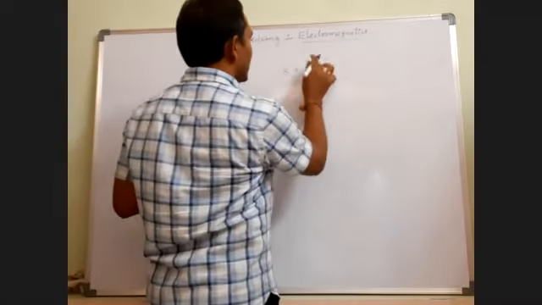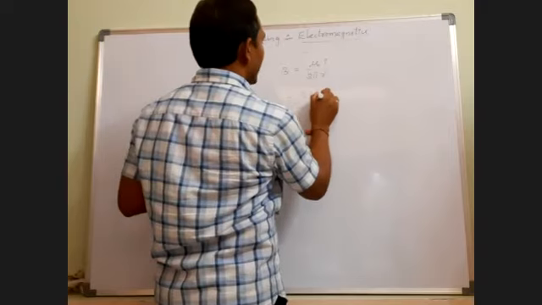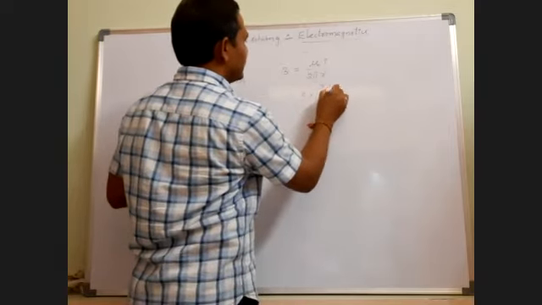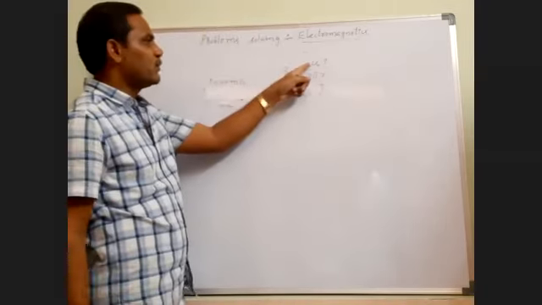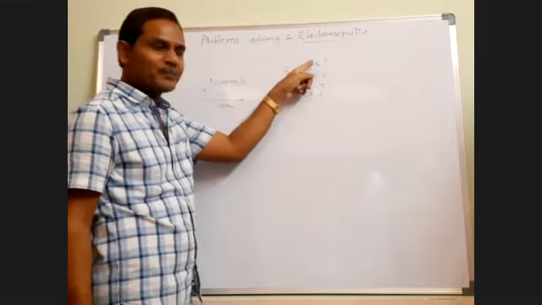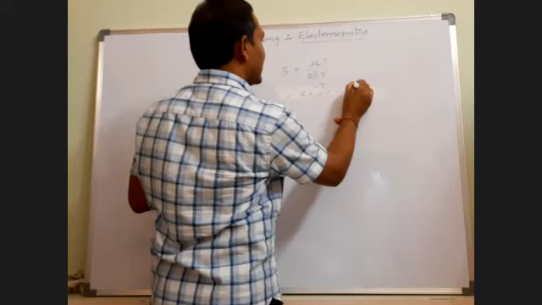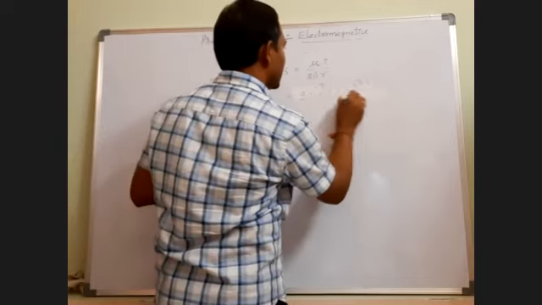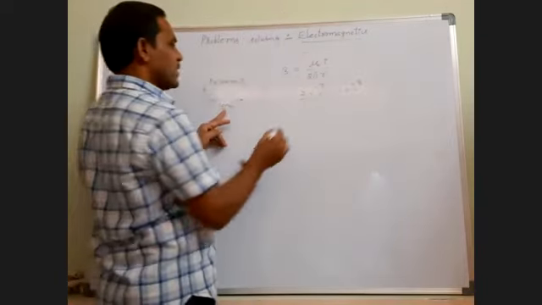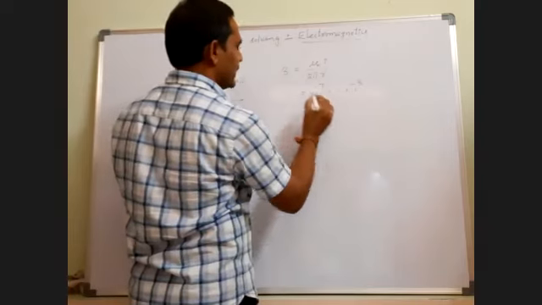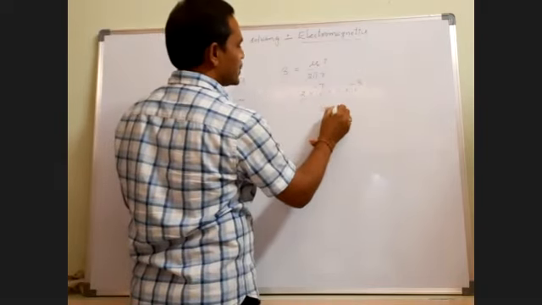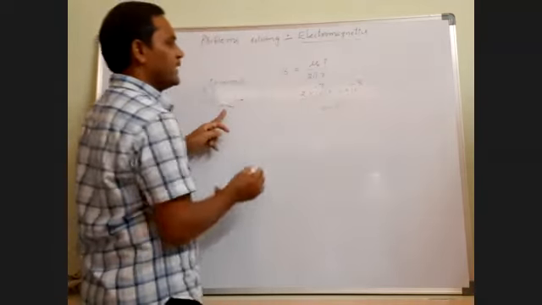That equals mu naught by 2 pi, value 2 into 10 power minus 7, because mu naught by 4 pi is 10 power minus 7, I is 10 milliamps, 10 into 10 power minus 3 changing into amps, by the distance given, 10 centimeter, 10 into 10 power minus 2 meter, changing into meters.